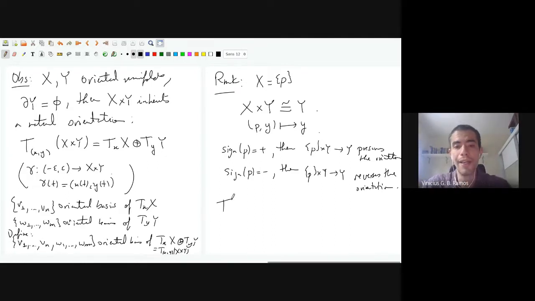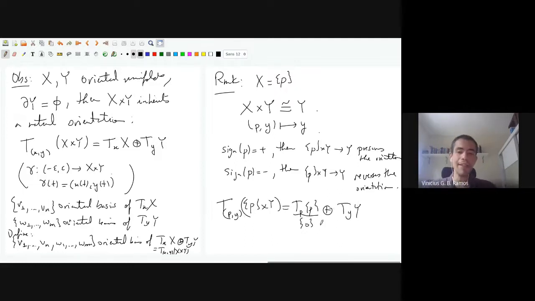When you look at the tangent space to P times Y, this is the tangent space of a zero manifold, which is just the zero vector space, direct sum with the tangent space of Y. So the orientation of this is going to be the orientation of Y with a plus or minus sign, depending on which sign you're assigning to P.